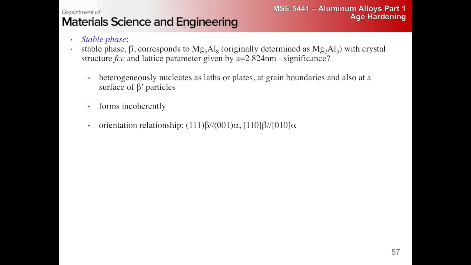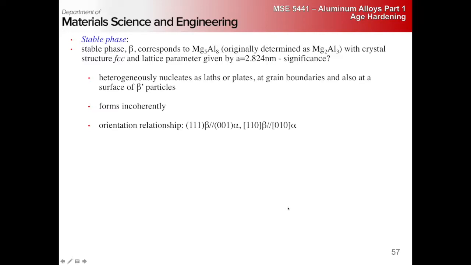The stable phase is the beta phase, and depending on what paper you look at, it's either going to be listed as Mg5Al8 or Mg2Al3. Earlier papers determined the crystal structure and the composition incorrectly, right? And this is back to an FCC type structure, right?